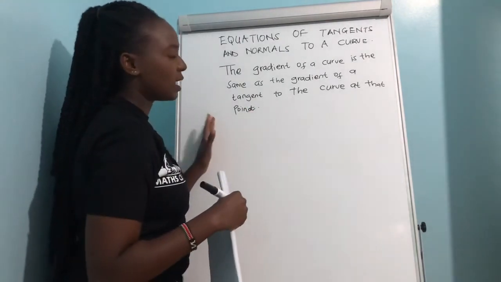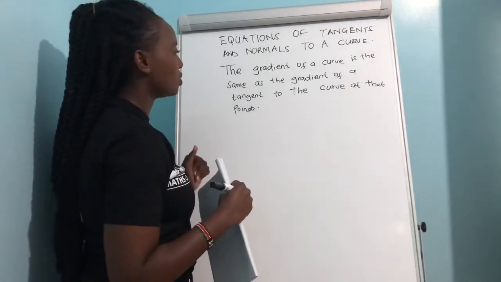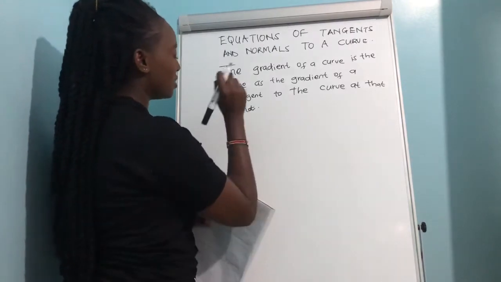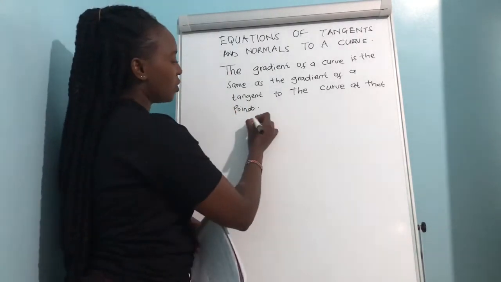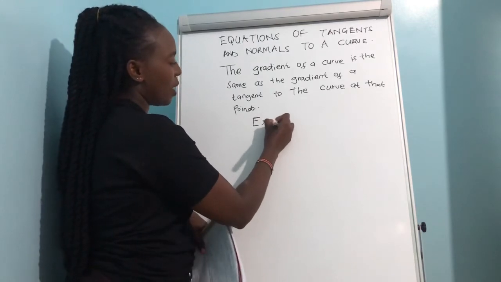So basically, this is what you need to know. The gradient of the curve is the same as the gradient of the tangent to the curve at that point. So now let us go to example 1.